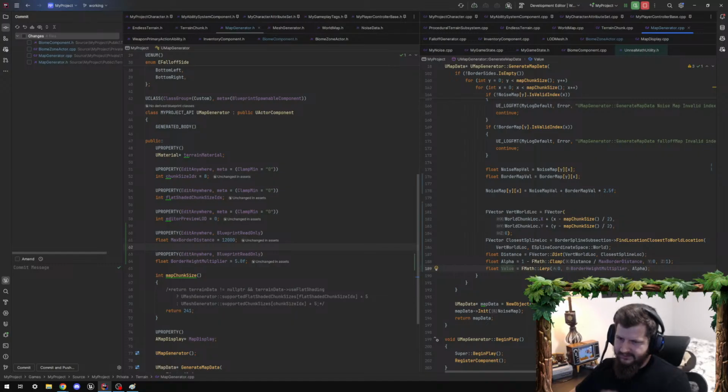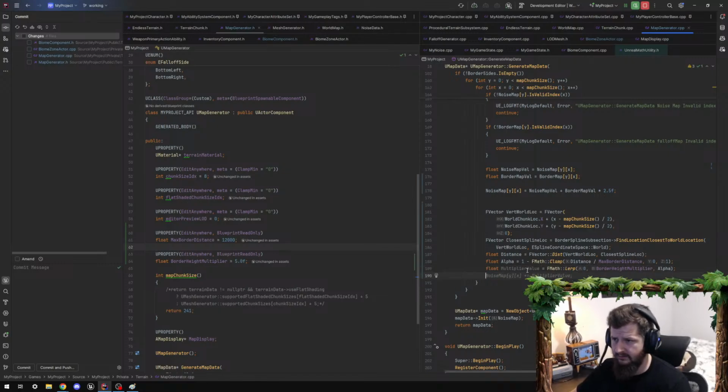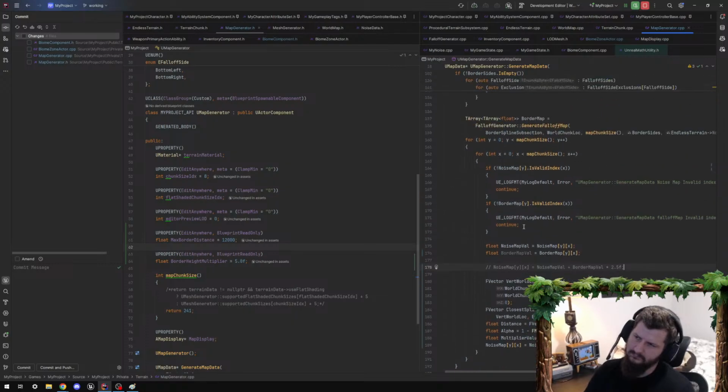Alpha value, so this will be the multiplier value. And so if I just take noise map, comment that out. Let's first copy it. Noise map value equals noise map value times multiplier value. So I can just use that. Comment that out.